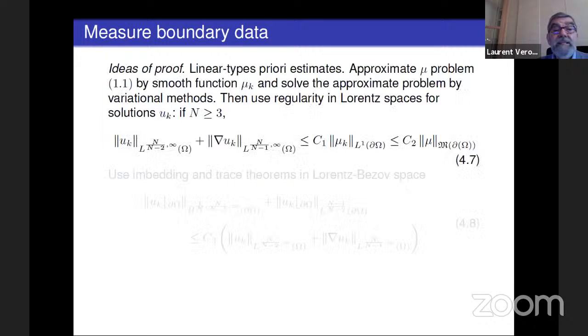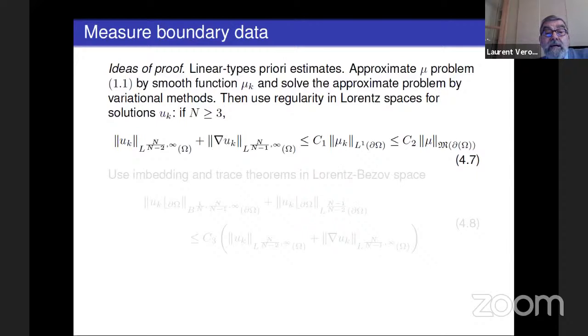So now what are the techniques? You use first a linear type estimate. You approximate the problem with smooth functions, and then you solve the approximate problems by variational methods. Now you need regularity. For this type of problem, you need regularity in the Lorentz space, which you can also call the Marcinkiewicz space.